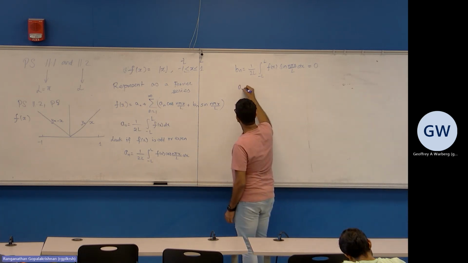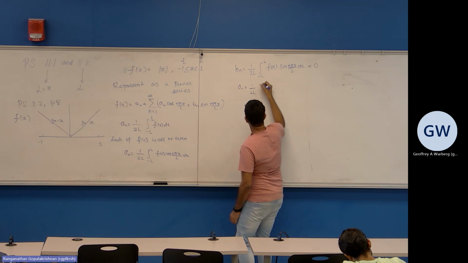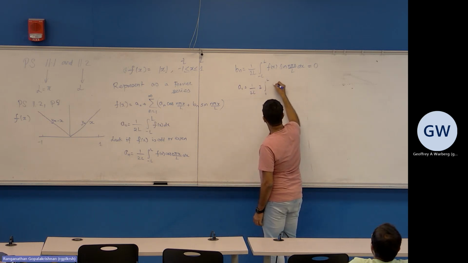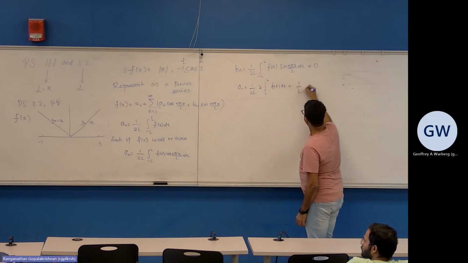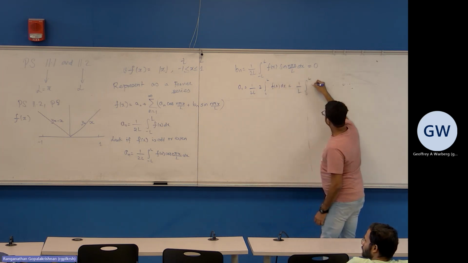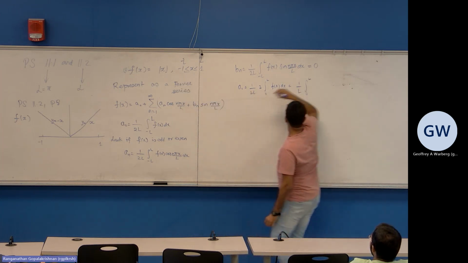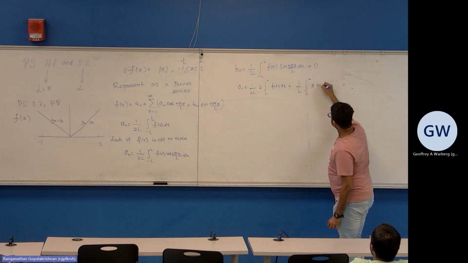A naught is 1 over 2L, 2 times the integral from 0 to L of f of x dx, which is 1 over L integral from 0 to L. In our case, this is absolute value of x. Between 0 to L, this is just x dx.